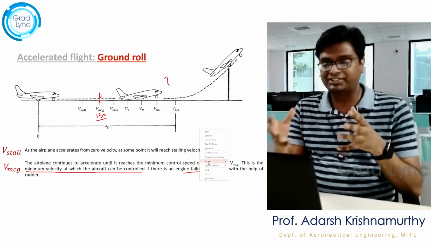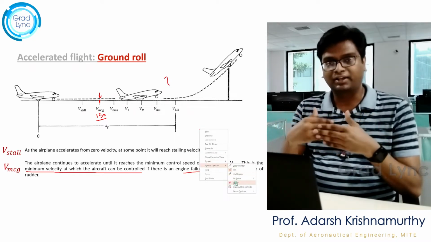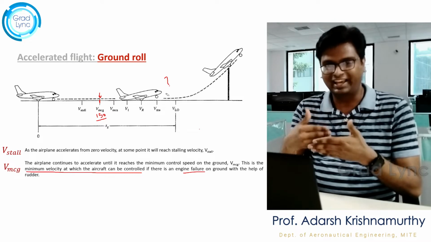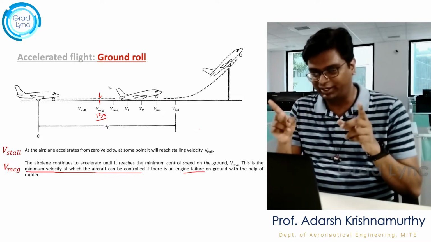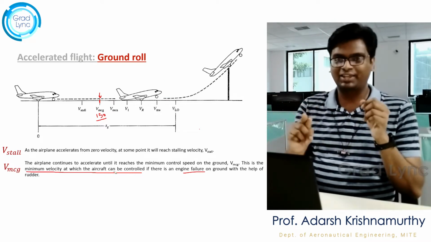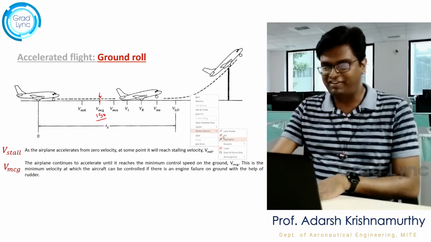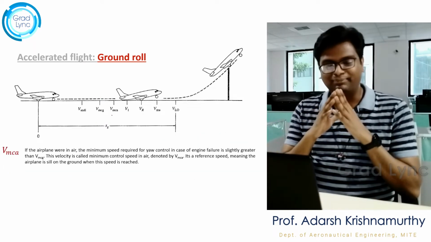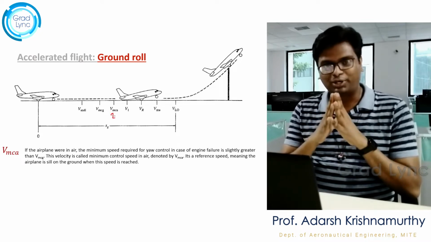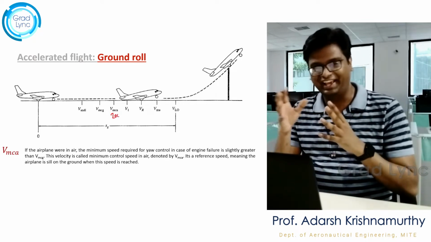So I have not yet reached the point where I can control the aircraft in the air. So I do not take off at 150; rather I will go to 200, where I call that velocity VMCA. That is the minimum speed required to control the aircraft in the air.